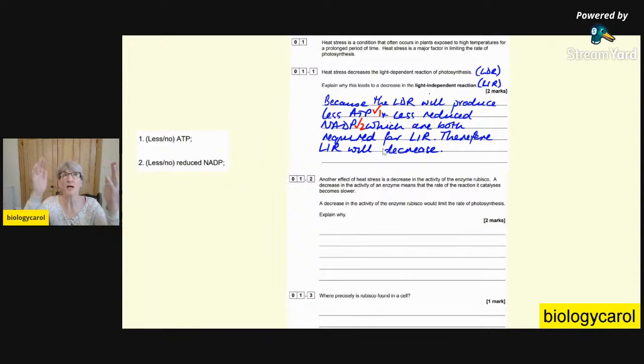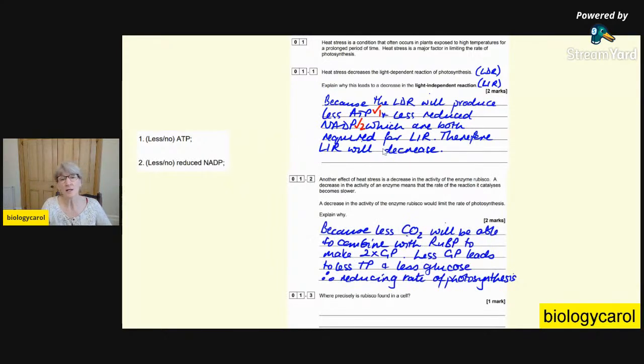So I'm thinking, okay, I know what Rubisco does. It combines CO2 with RuBP to produce 2GP. I'm literally visualizing the Calvin cycle in my head. So this is the answer that I wrote down, because less carbon dioxide will be able to combine with RuBP.